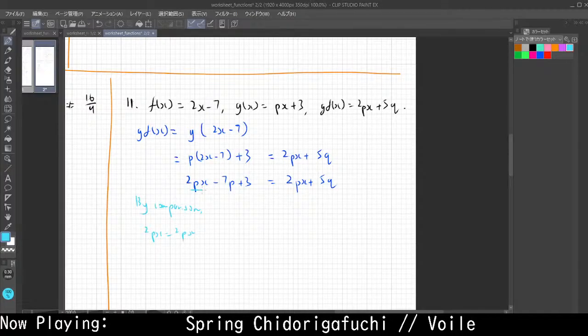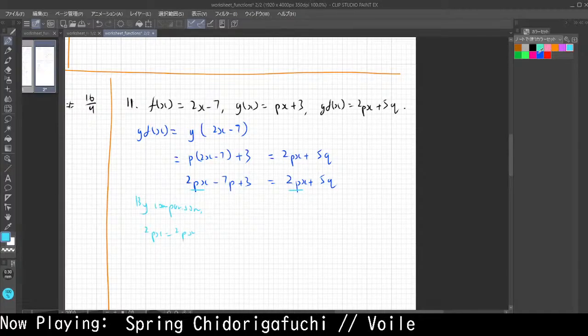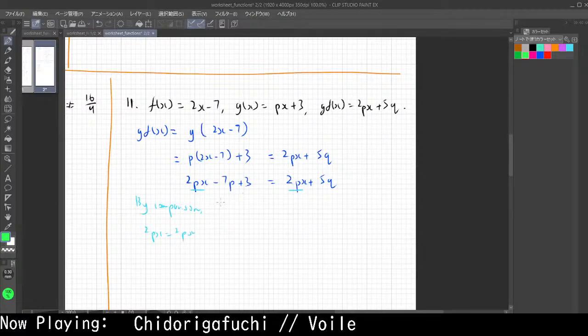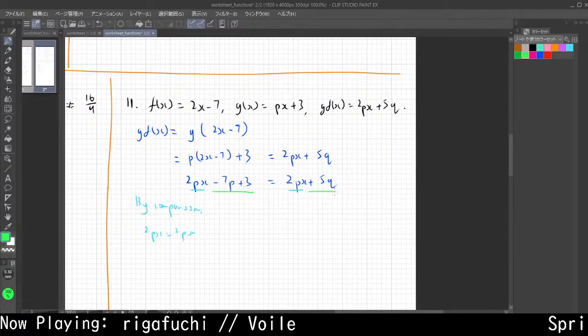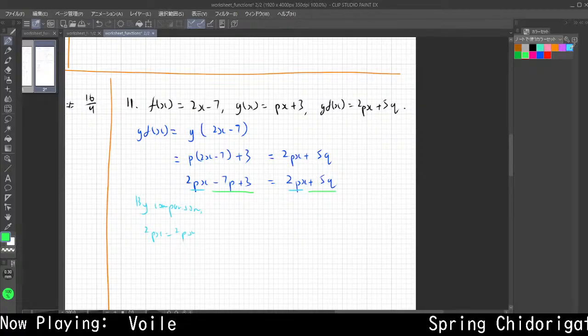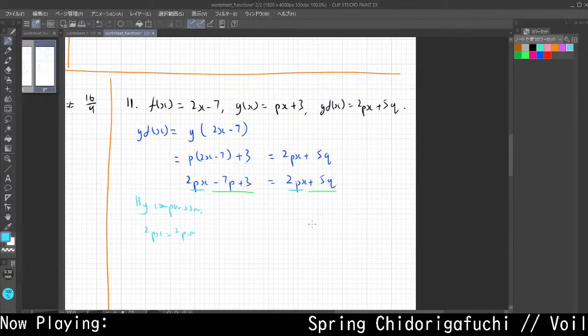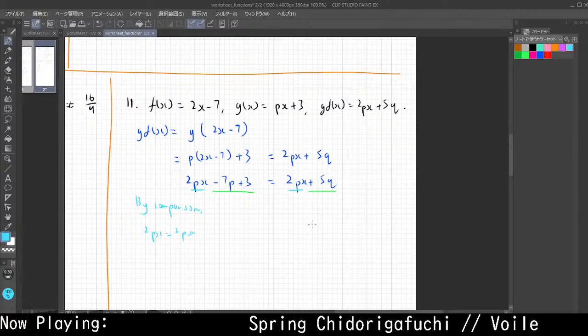So your x term will compare with your x term, your non-x term will compare with your non-x term. Notice how I underlined the plus and negative signs.